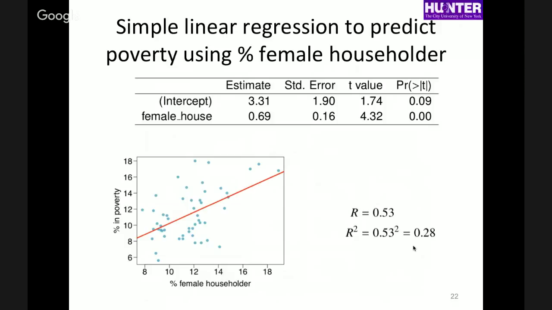Here's a simple linear regression just with the poverty and the percents female heads of house, and you see this positive slope with an estimate of 0.69 and an R² of 0.28.